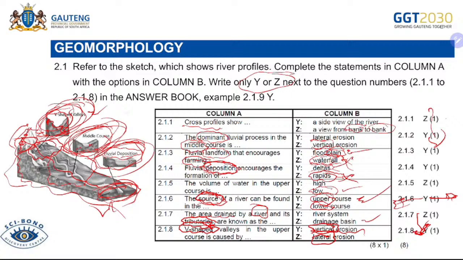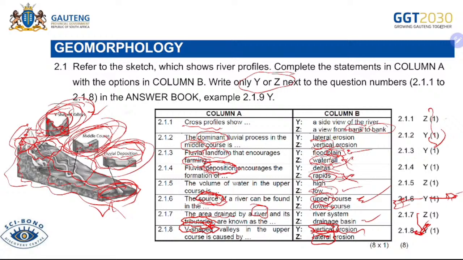I have indicated to you that even when you look at the streams here, they're indicating that there is less water that we can find there. So it's low. The source of a river can be found in the upper course. That one is straightforward. The area drained by a river and its tributaries is known as, the correct answer there is a drainage basin.